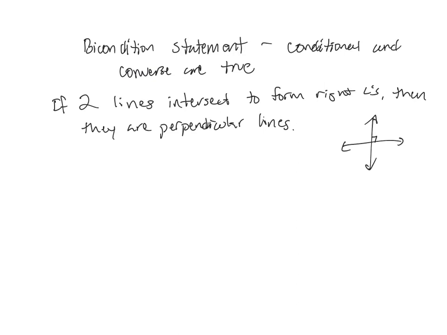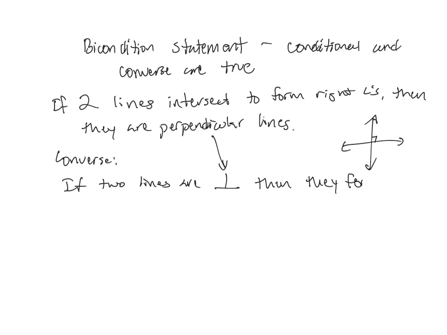So if I did the converse, if two lines are perpendicular (that is the symbol for perpendicular), then they form right angles.